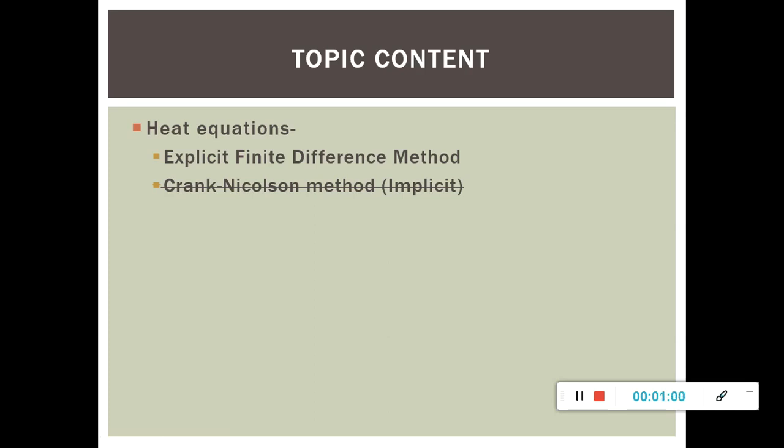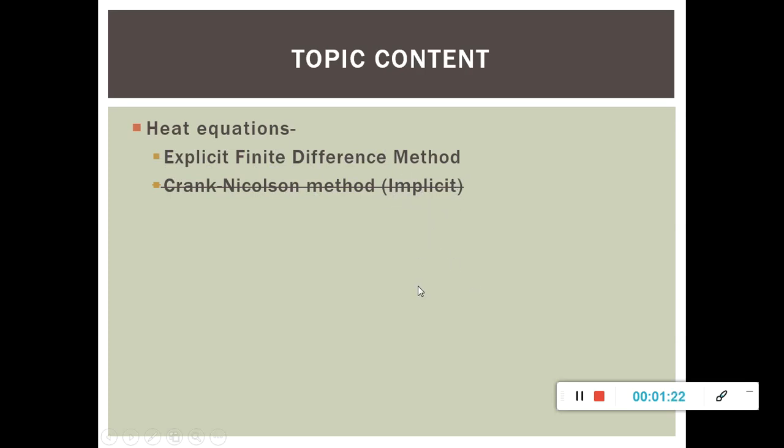In the heat equation, you're going to have two methods to solve or approximate the value of heat towards a steel rod, either using the explicit finite difference method or the Crank-Nicolson method, also known as the implicit method.